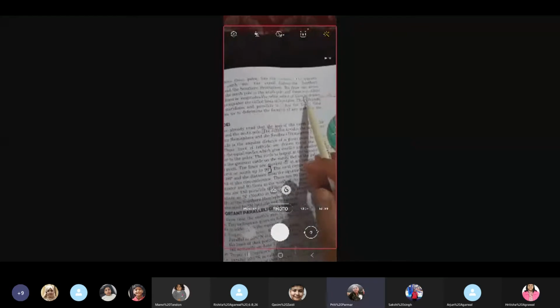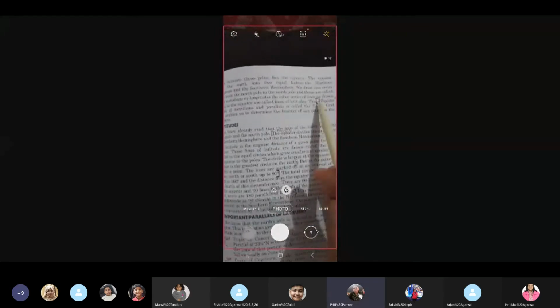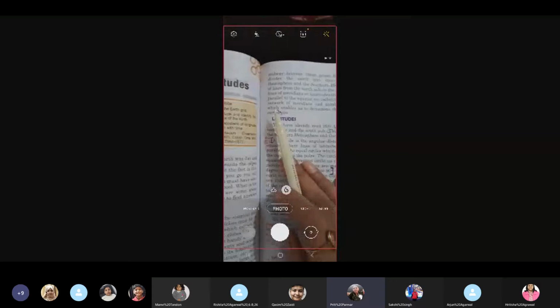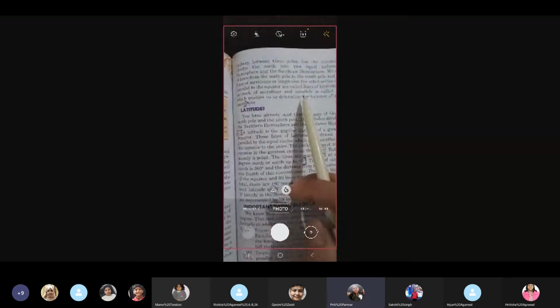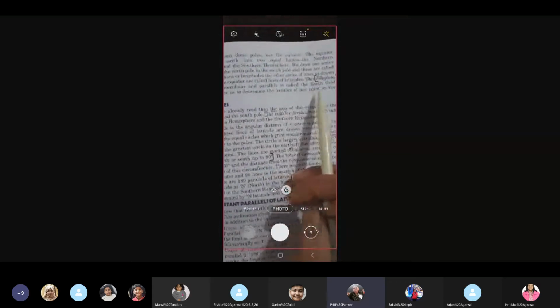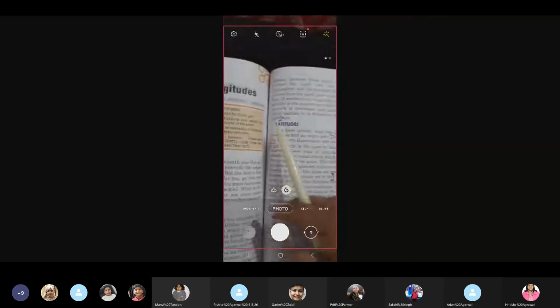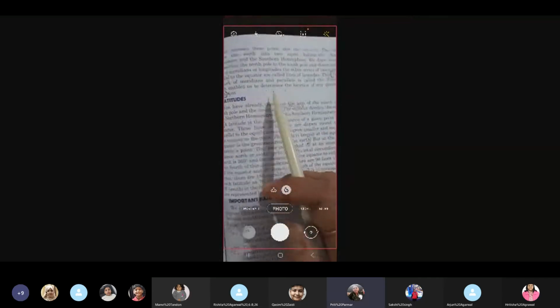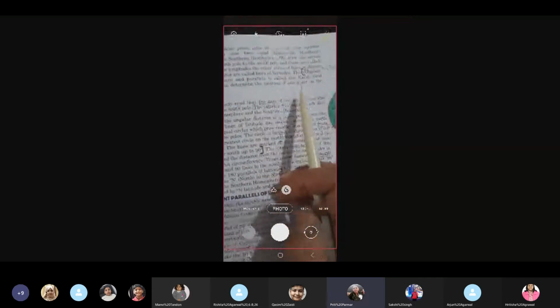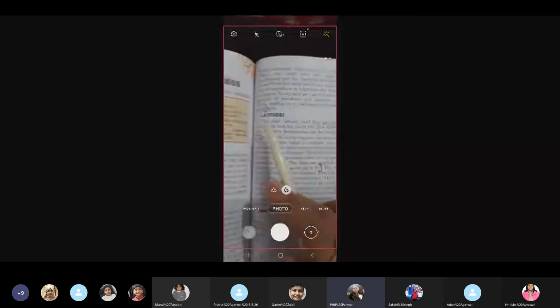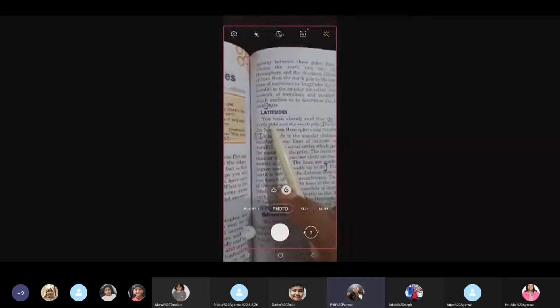The complete, now you will write on your own. The complete network of meridians and parallels is called the Earth grid, which enables us to determine the location of any point on the Earth.